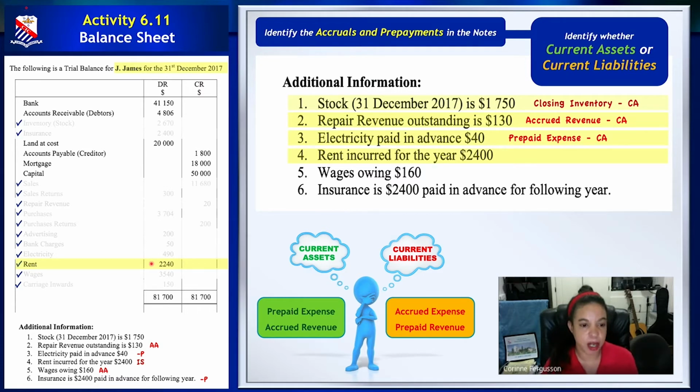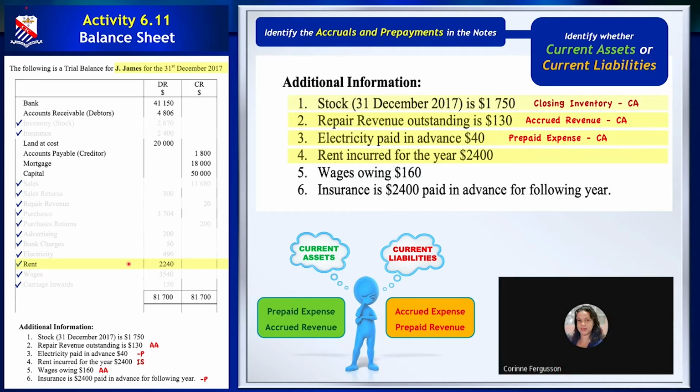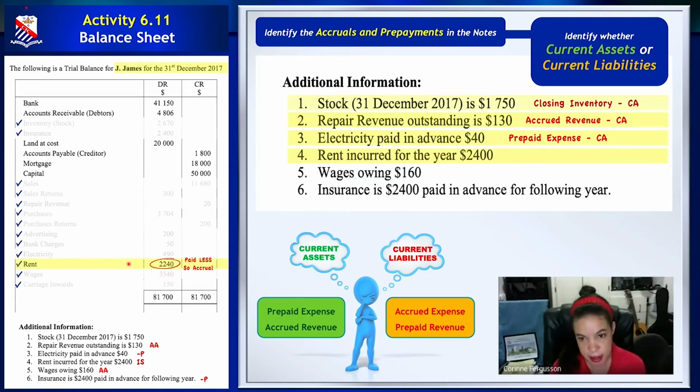because remember, the amounts in the trial balance represent the amount paid for expenses. So if the amount paid was $2,240, yet our notes tell us that the amount incurred was $2,400, that means that we actually ended up paying less than was incurred. And when you pay less, it means you are still owing, which is an accrual. So what we have there is an accrued expense. How do we know it's an expense? Because it was incurred.